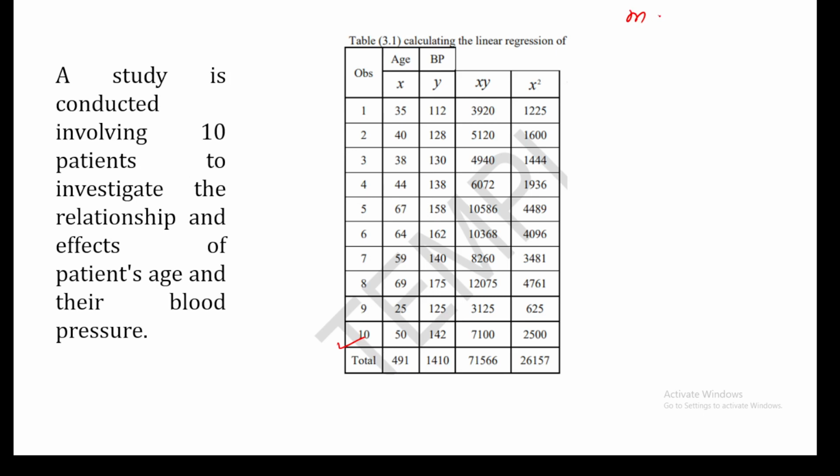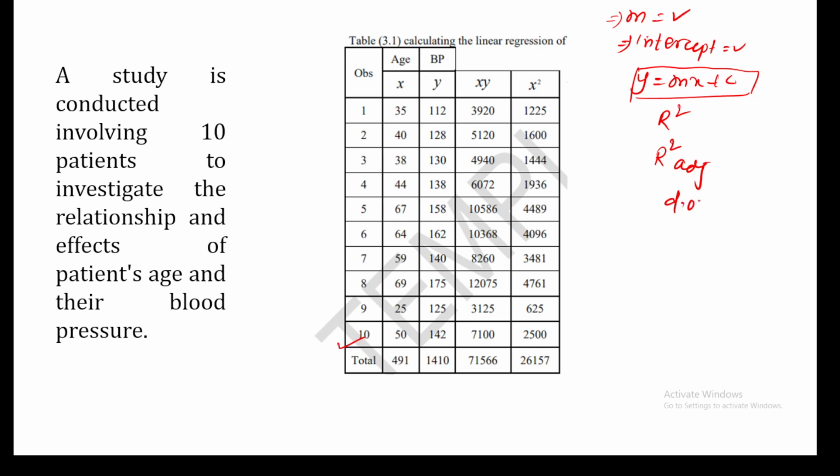First you find the m, then the intercept, then we'll get y equals mx plus c. In the same way r square, adjusted, degree of freedom.